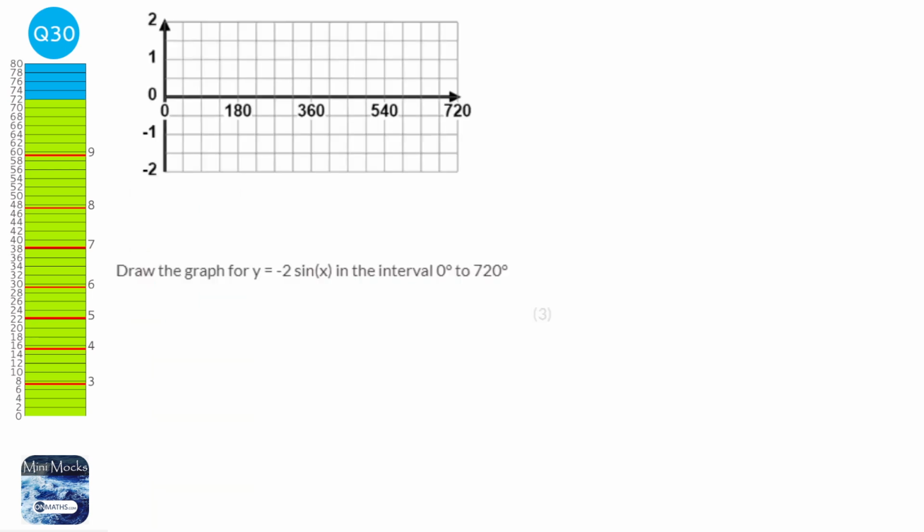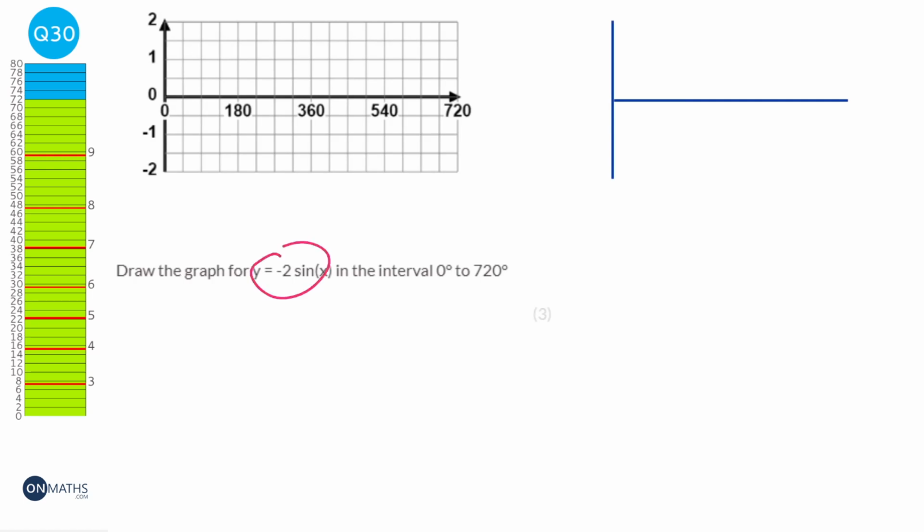It's always important with these questions to realise what the normal graph will look like before we have a look at what the new function will look like. So it's always good to remind yourself what a y equals sine x graph looks like, and it fluctuates between 1 and -1.